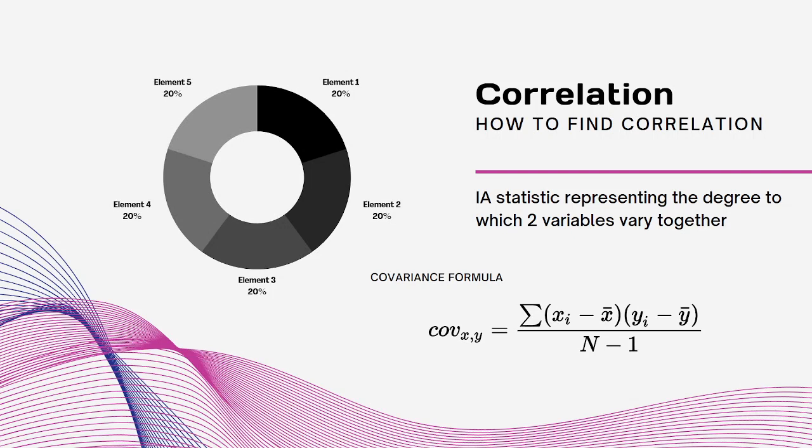This is the correlation formula. With the help of this formula we can calculate the correlation. We apply the values in it. This x bar and y bar are the means. We have been given the data set. First of all, we have to calculate the mean, and how many data points are given.